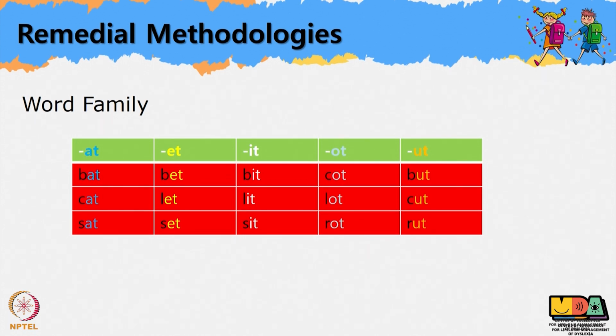Under et, we can have words like bet, let, set. Same way under it, we have bit, lit, sit, fit. Under ot, caught, lot, rot. And under ut, we have but, cut, nut, rut.